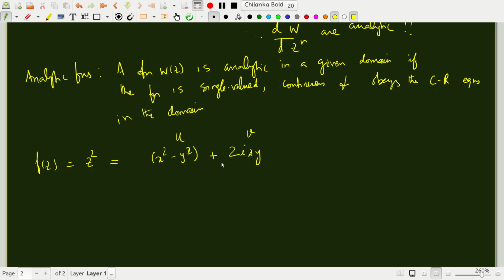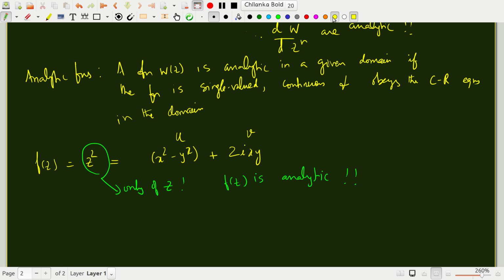You can check whether this satisfies the Cauchy-Riemann equations, or you can readily, by inspection, check this is a function only of z, so f of z is analytic by definition. So just by inspection you can tell whether a function is analytic.